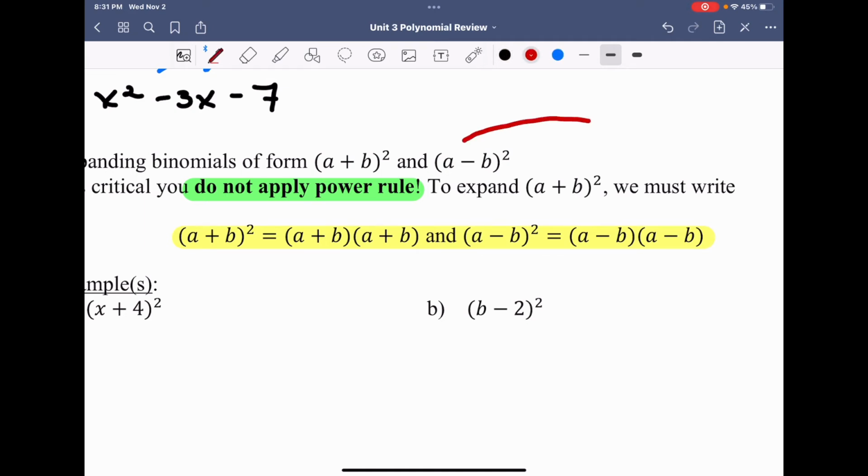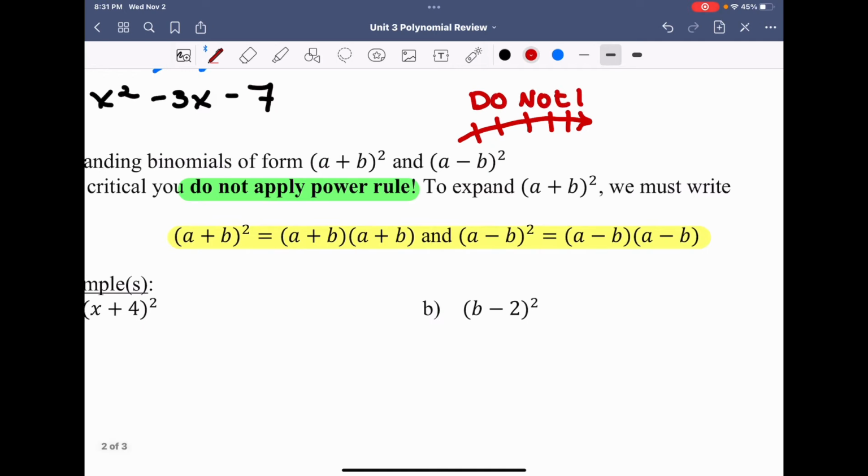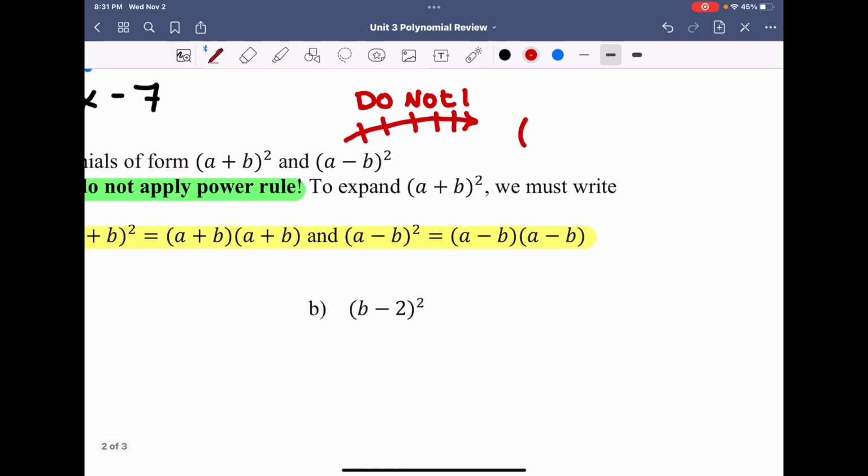I'm even going to put x's along the way through this line, and maybe even clearly right over top. Do not do the following. If you write a plus b squared as a squared plus b squared, or if you write a minus b squared as a squared minus b squared, that is completely wrong. We do not apply power rule.